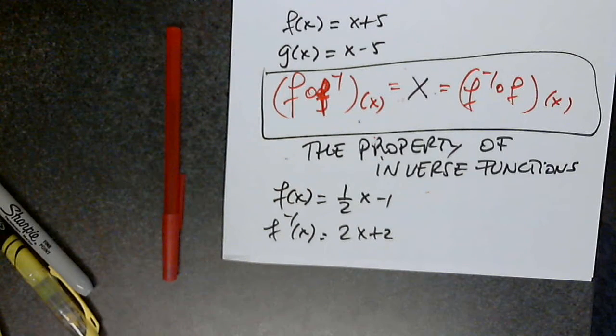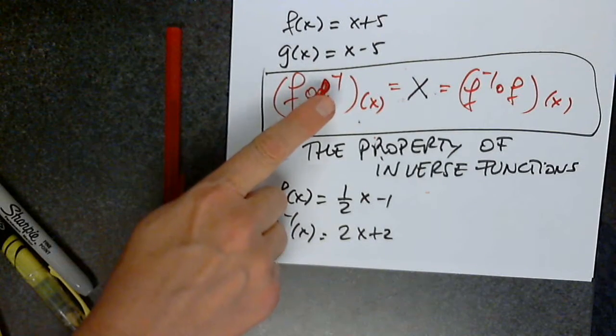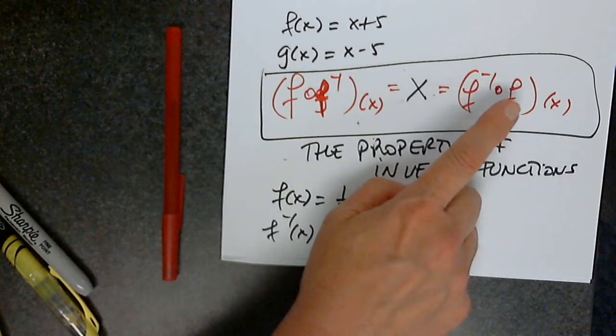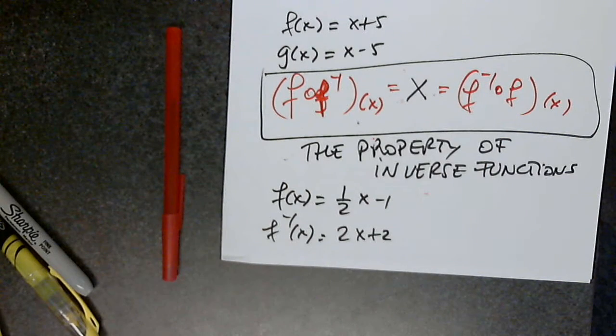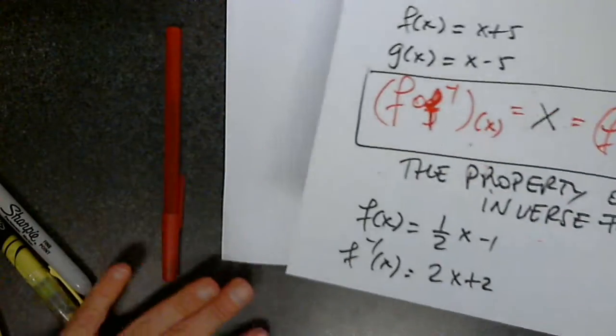You will determine f comp f inverse. You will determine f inverse comp f. And if in both cases the result is exactly x, what will you say? They must be. Because only two functions that are inverses of each other will cancel their effect on x in any direction. So let's determine f comp f inverse.